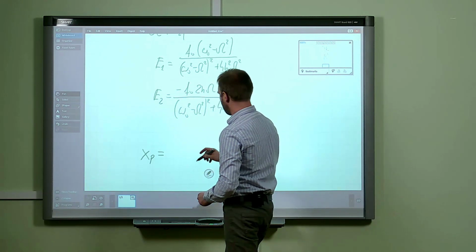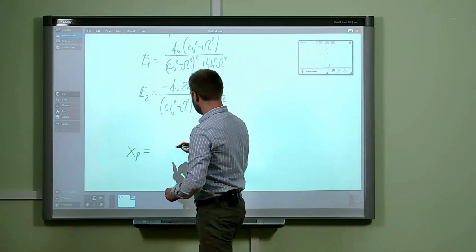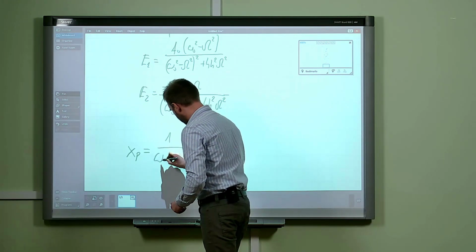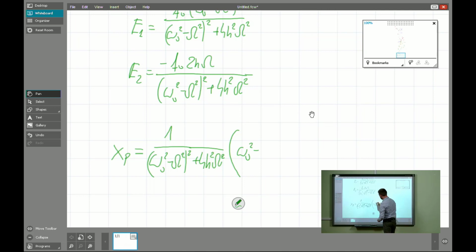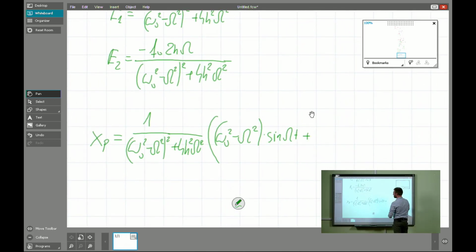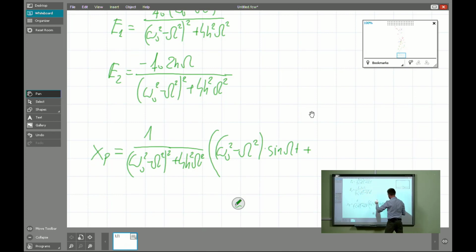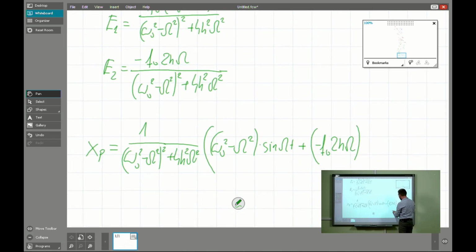And the final form of the solution, I mean the particular solution, the predicted solution, will be a linear combination of those elements. Okay, it means that it will be 1 over, because here we have the common factor, (omega 0 square minus omega square) squared plus 4h square omega square, times (omega 0 square minus omega square) times sine omega t, plus, minus as a contribution of that minus, okay, or maybe I want to correct myself, minus f0 2h omega as a factor of the cosine omega t.